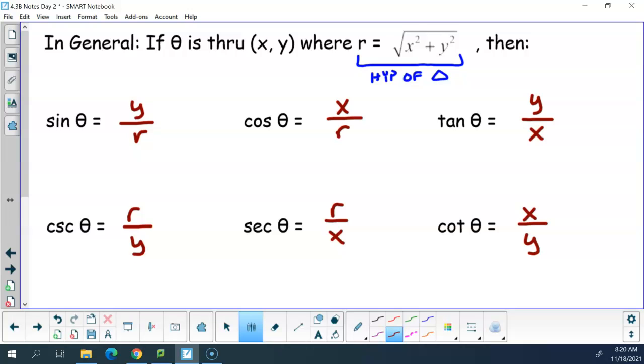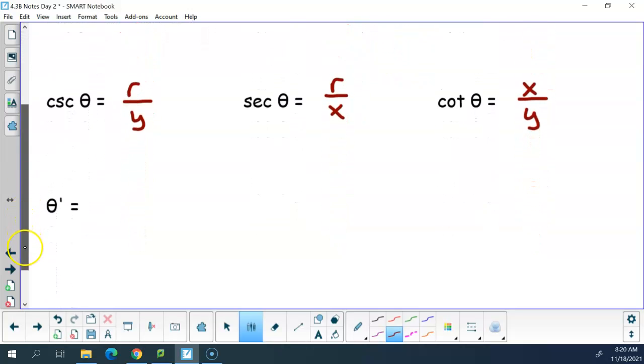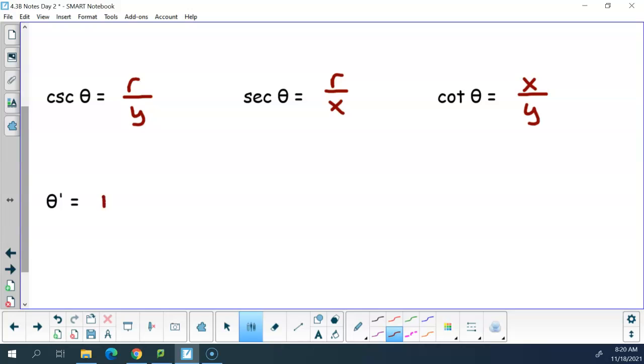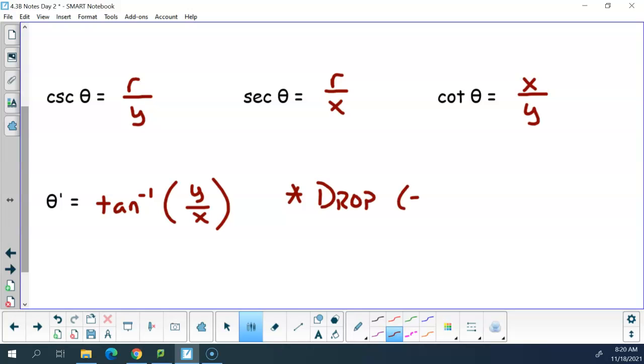And we find theta, well, we find our reference angle by doing the inverse tangent of y over x. But we drop negative. Not necessarily.